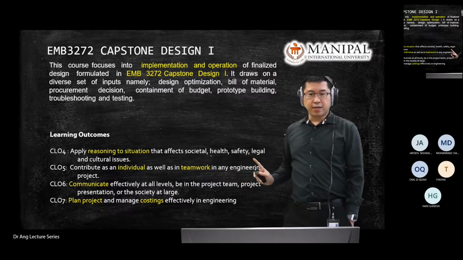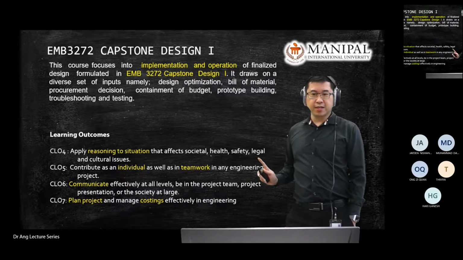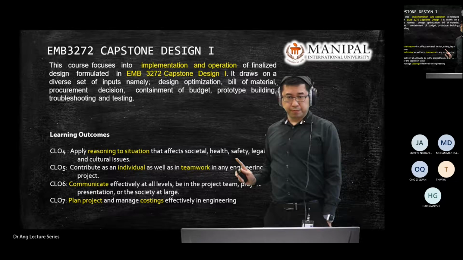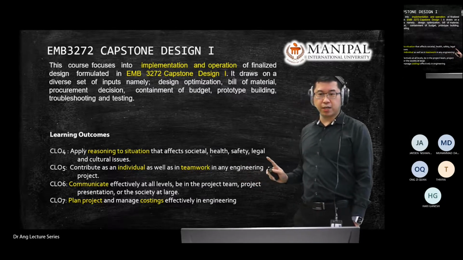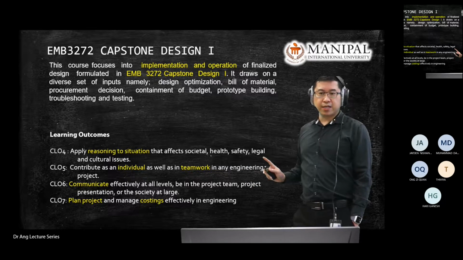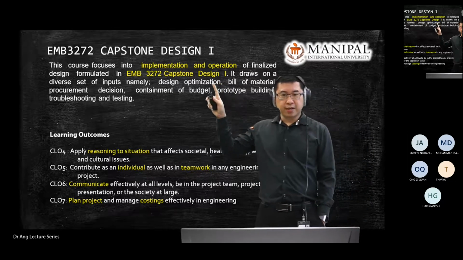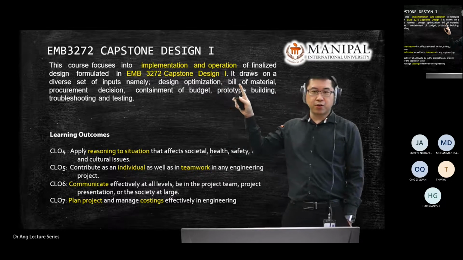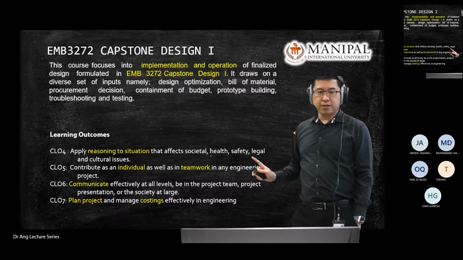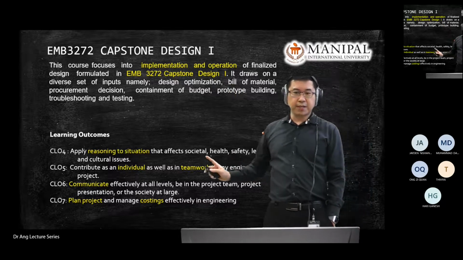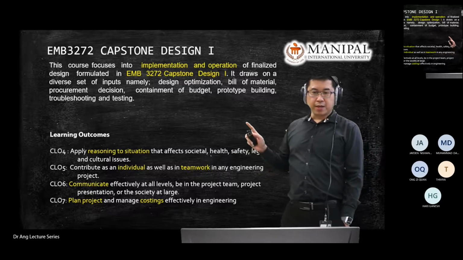So you need to consider all this. And legal means, do you copy somebody's idea that is available in the market, and you do not give honor or do not give credit to the designer? Meaning, in your Capstone Design 1, you copy somebody's idea, but you claim it as your idea. Okay, so legal is something that we want you to consider, right?